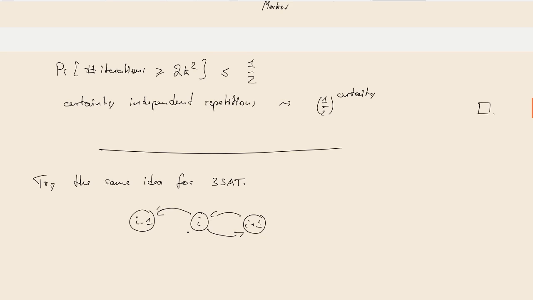And what you can show is essentially you go up with probability at least 1/3 and down at most with 2/3. By the same argument, at least one of the variables must differ from your current assignment and the satisfying one. But that's about it.